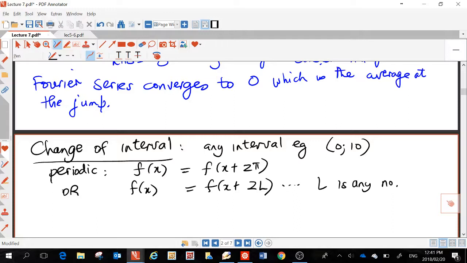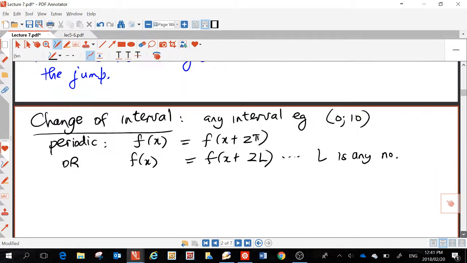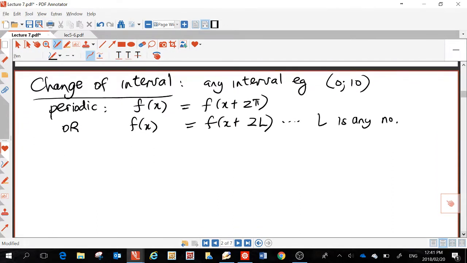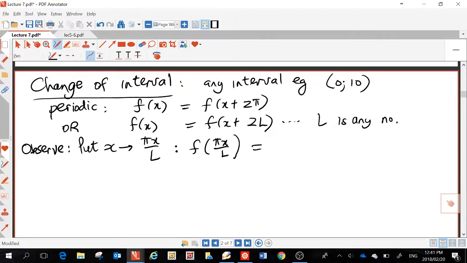So it's periodic. Now, see what happens when I make a substitution of this type. Observe this here. Replace x by pi x over L. So I will get f of pi x over L. You'll see why this is an inspired choice. There's no mystery behind it. It'll preserve the periodicity. So on the right hand side, x will become pi x over L plus 2L.